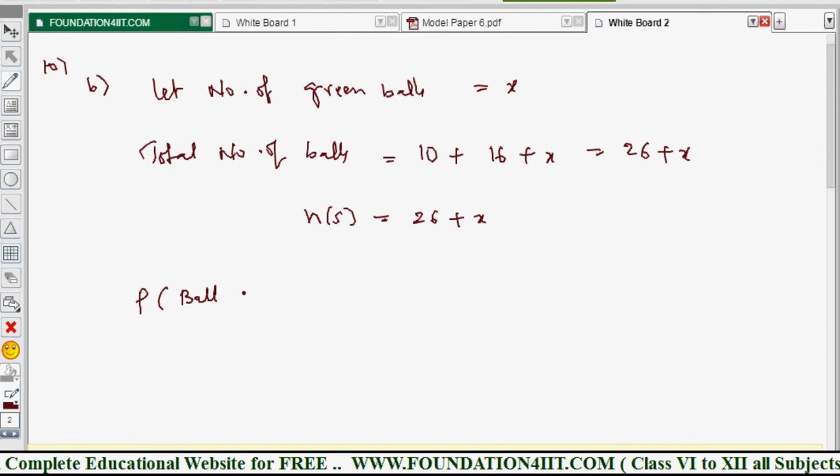So ball drawn is neither red nor green, that is equal to 2 by 3 of the probability that the ball is not red.